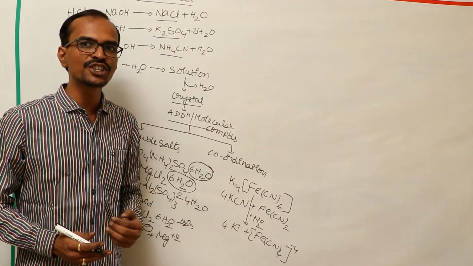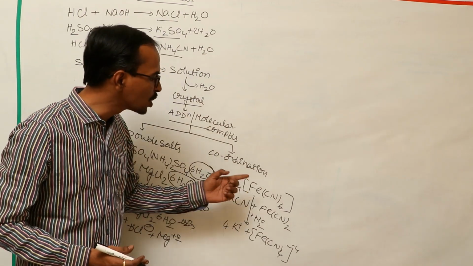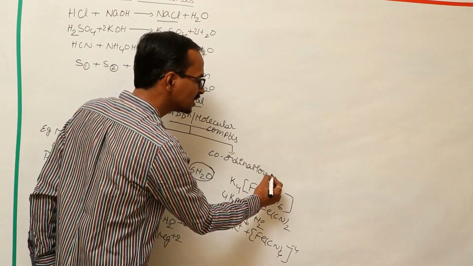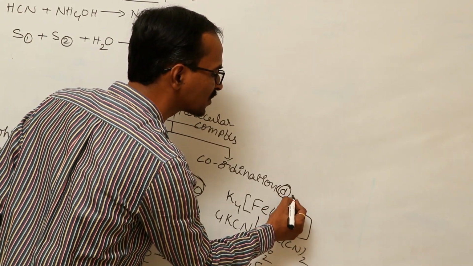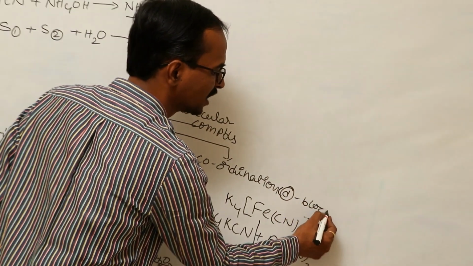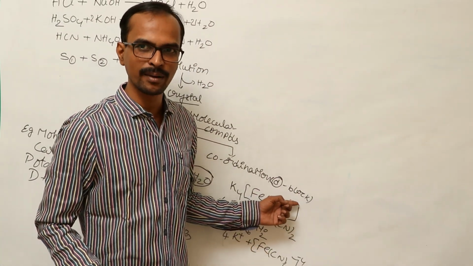How are these coordination compounds formed, and which type of elements will form them? These coordination compounds are formed mostly by d block elements. Definitely a coordination compound should have d block elements.